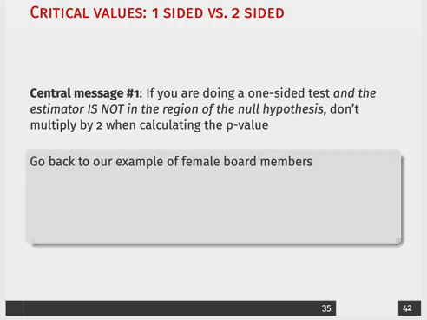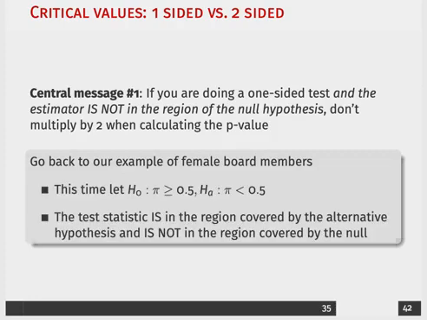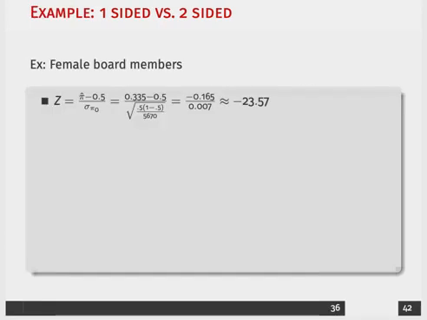So let's go back to our example before with female board members, but this time our null hypothesis is whether or not the proportion of women on boards is above or equal to 0.5, with the alternate being below 0.5. In this instance, the test statistic is going to be in the region covered by the alternate and is not in the region covered by the null.